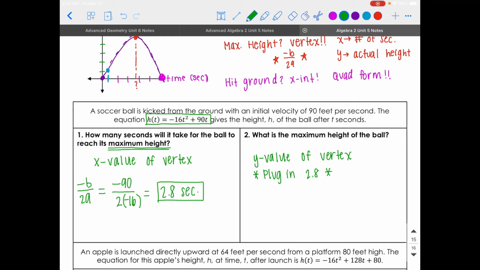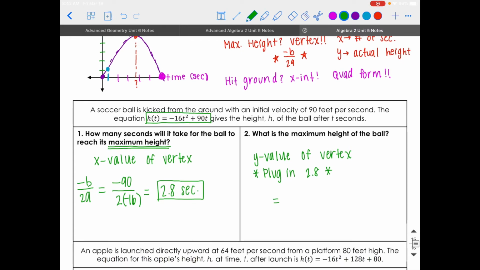This is where I would use the store function, 2.8, store that as x, and then we can just type in negative 16 x squared plus 90x. And we get 126.56 feet. So that soccer ball went extremely high. I almost think it was like a robot kicking it. I don't know if somebody could kick a soccer ball that high. Maybe they could. I don't know.